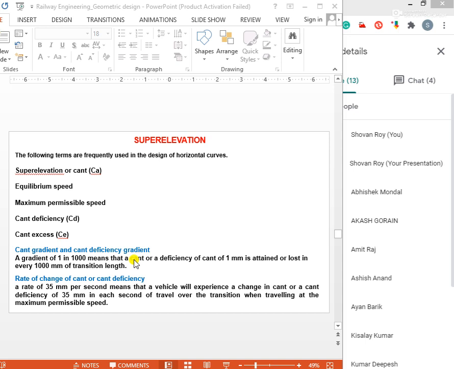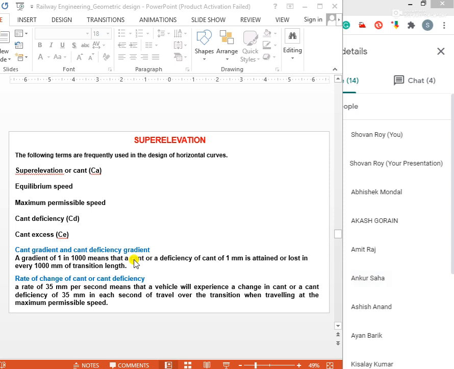Similarly, suppose the super elevation provided and actually fitted on the curve in the track is for 80 kilometer per hour, but your train is running at an average speed of 60 kilometer per hour.